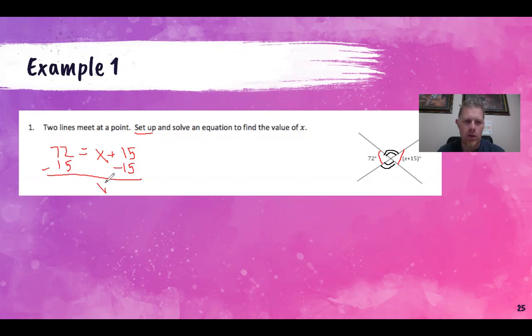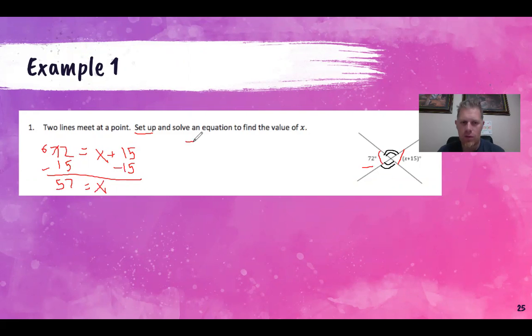Now x is equal to 72 minus 15. 12 minus 5 is 7, 7 minus 1 is 6, so x should be 57. Well, this angle is 72.